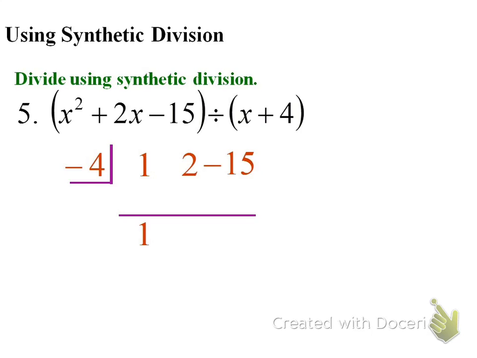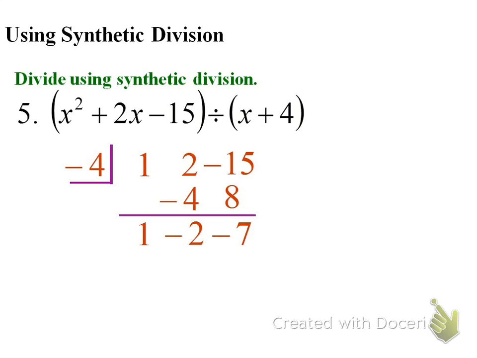Then what? Very good. Negative 4 times 1 is negative 4. Add those, you get negative 2. Multiply by negative 4, you'd write an 8 under the negative 15. Negative 7.